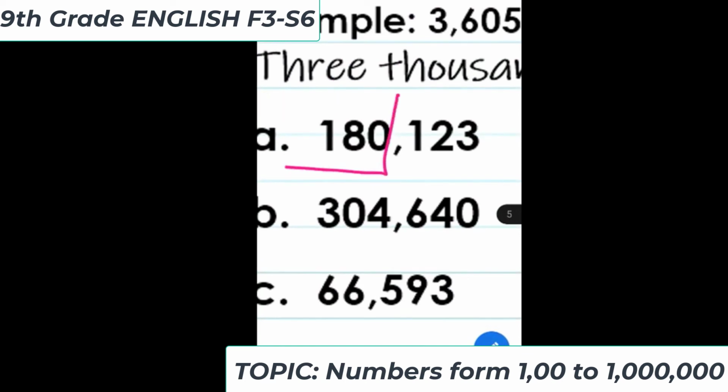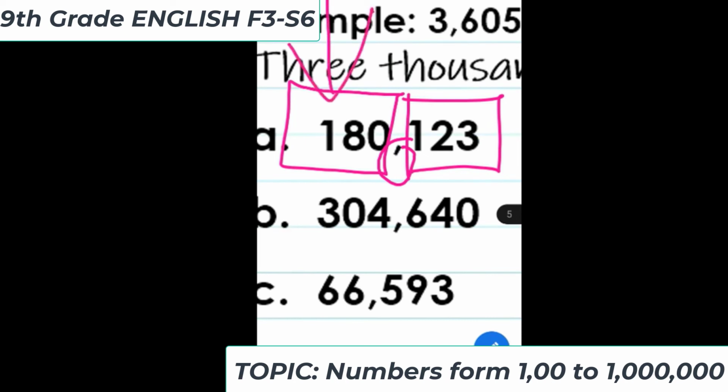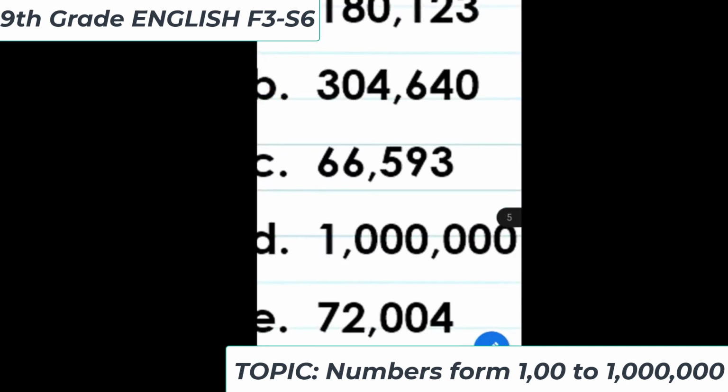So let's practice here. 180, let's divide, dividámoslo. 180,123, okay? Puedes usar esta idea. Divide the digit, dividiendo el dígito, yes? You say this part first. Remember the comma indicates 1,000, and finally you say this part in English. One more example. Let's divide.